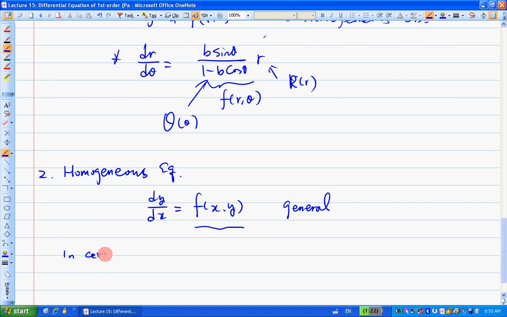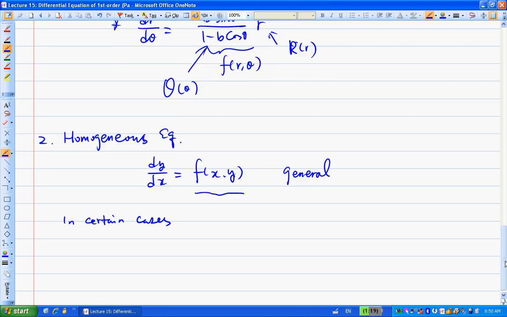Let's write this down. What happens is, when you replace the x with lambda x, and the y with lambda y, you will find out that it doesn't change. It still goes back to itself.